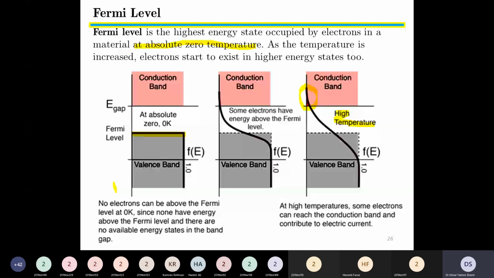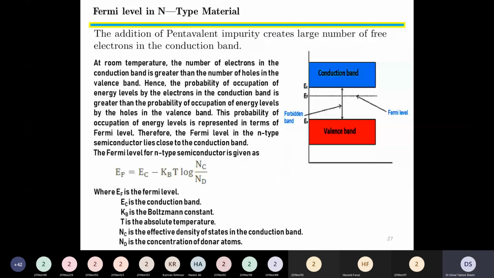So now the Fermi levels of N type material. This is quite interesting to note that the addition of pentavalent impurity creates large number of free electrons in the conduction band.